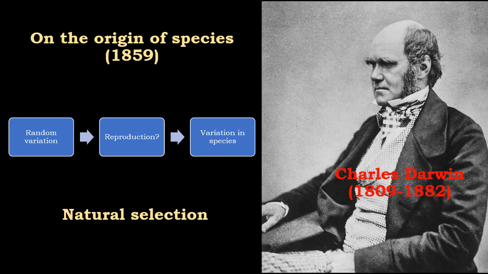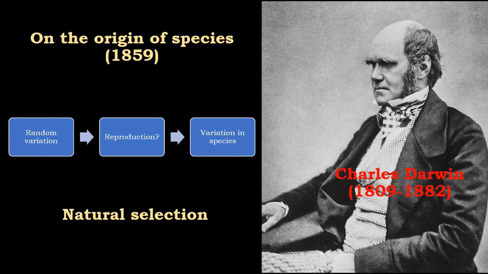Now, the key for that is that the change had to survive in an organism, and that organism must be able to reproduce, because if the organism does not reproduce, that change is lost in the species.